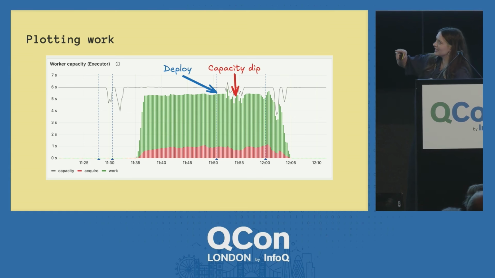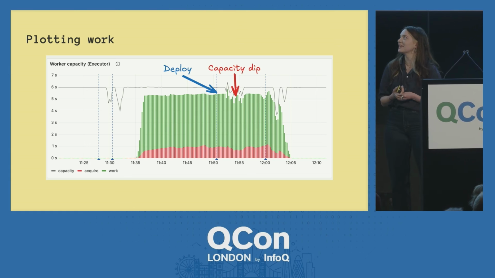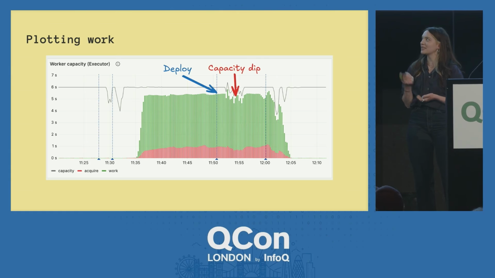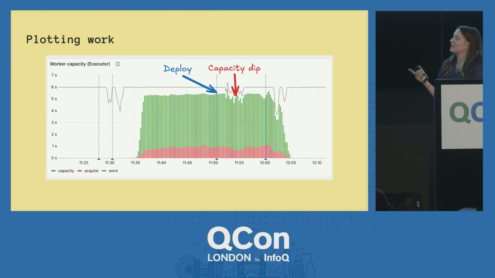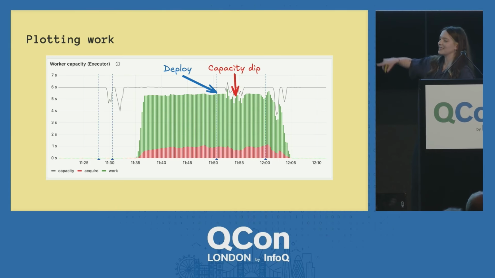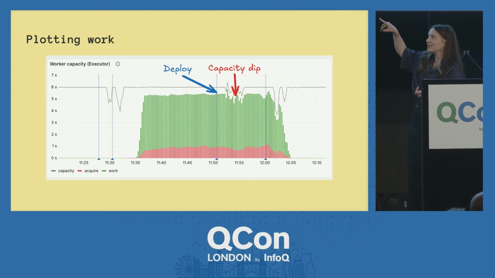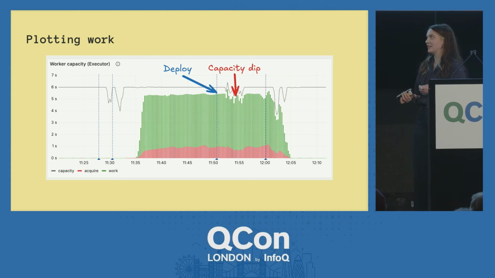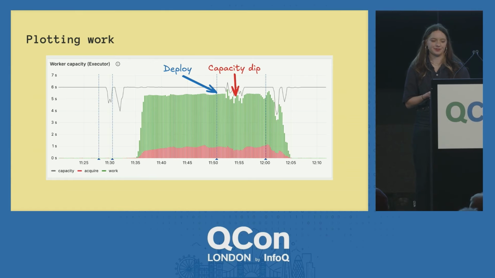You can see that it dips, and those blue lines there are our deploys. If we just plotted a static value at 6 seconds, I'd be really confused if I came here and saw that our capacity in work dipped. But because we also see the 6 seconds value dip, I know that shortly after a deploy, it took us a second for pods to come back up, and that's the reason we weren't doing as much.